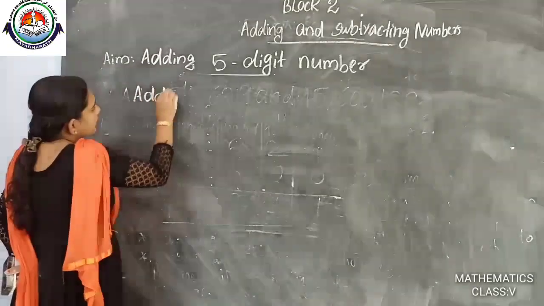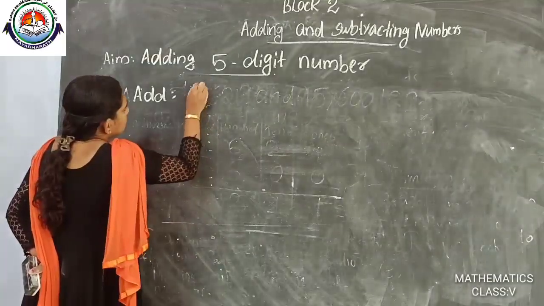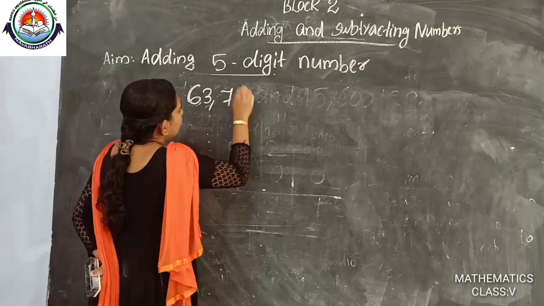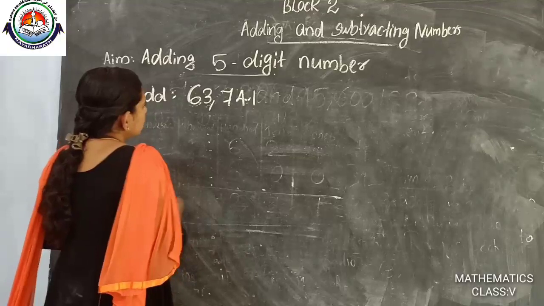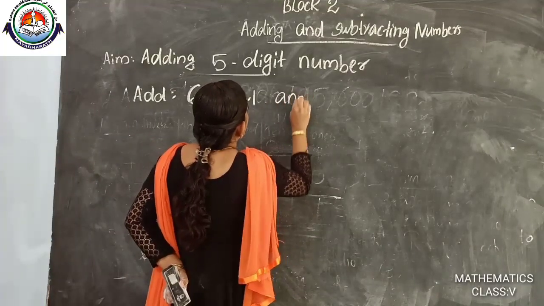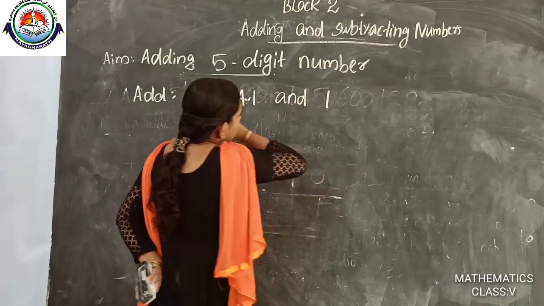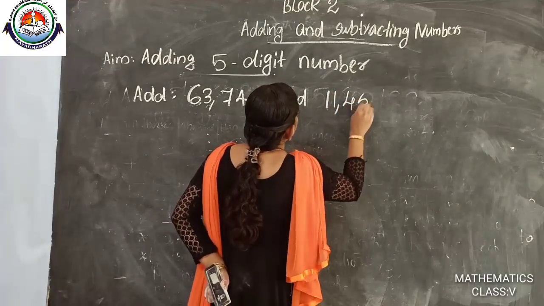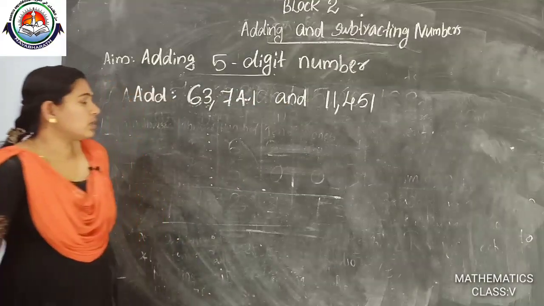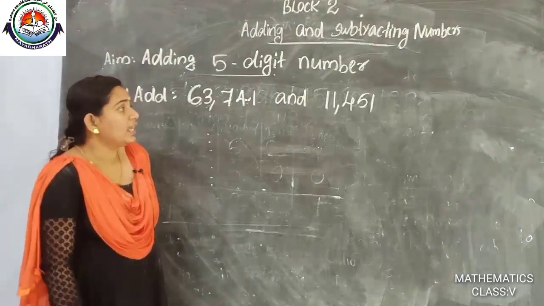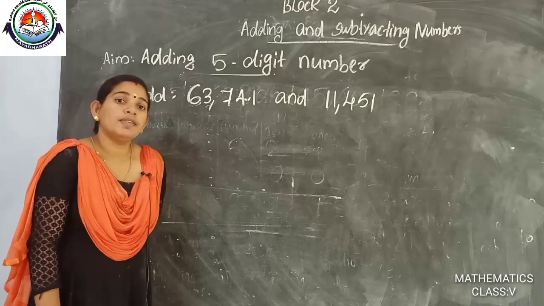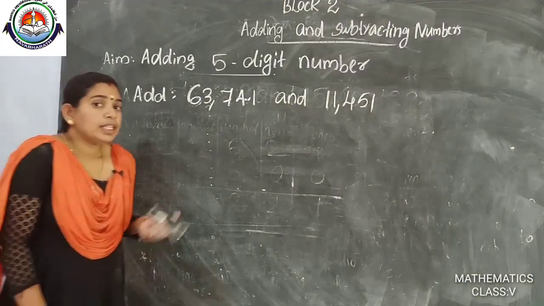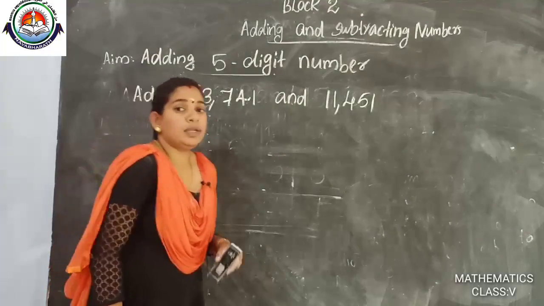Add 63,741 and 11,451. 63,741 and 11,451. We'll check how to do this problem without abacus and without place value chart.